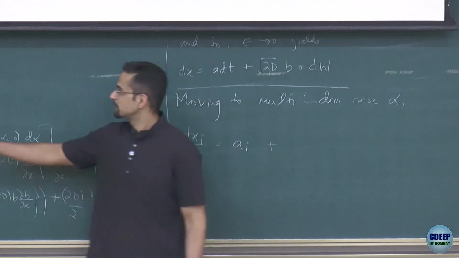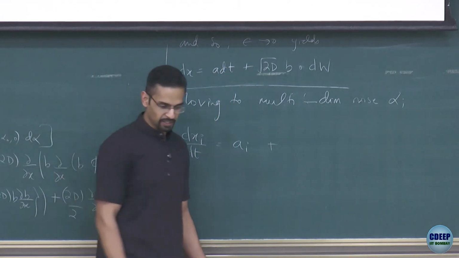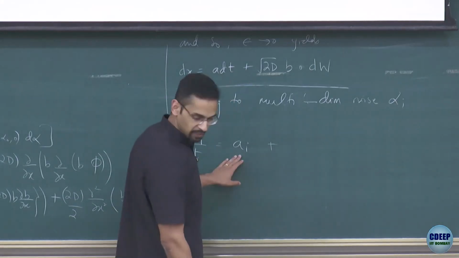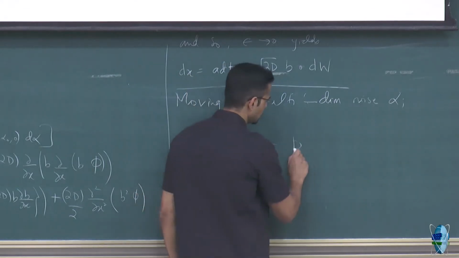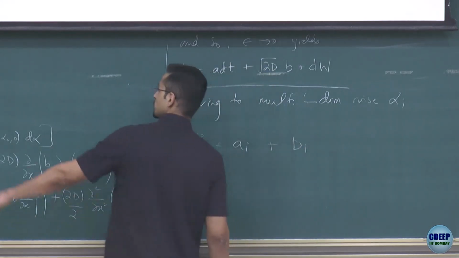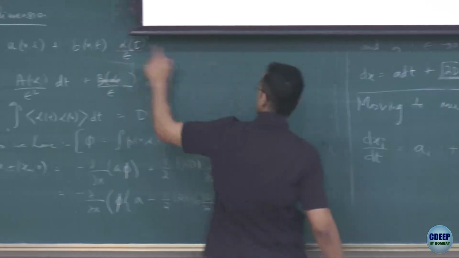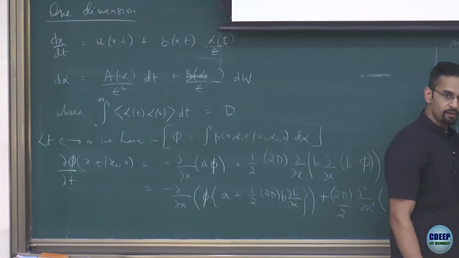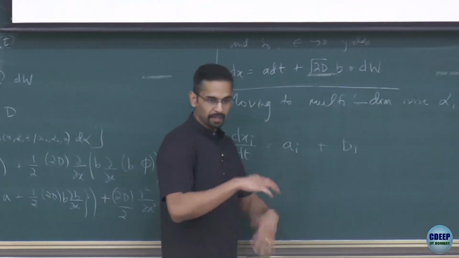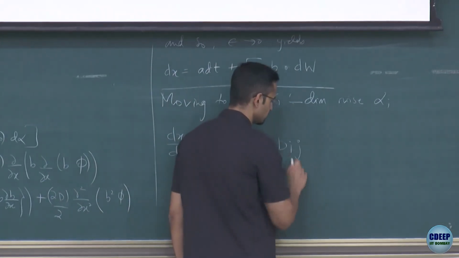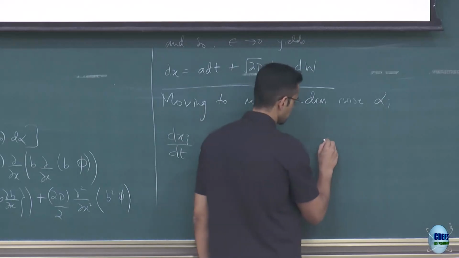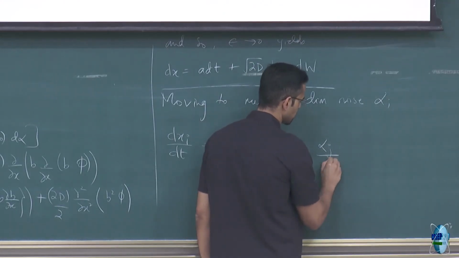I'll skip all the arguments and so on because, as it is, I'll have to introduce notation. So yes, and then I have now b, right? Here b was one coefficient multiplying one noise. I now have a vector of noises which I can combine in some fashion, so I should have a matrix. So I'll have bij multiplying this alpha j upon epsilon.